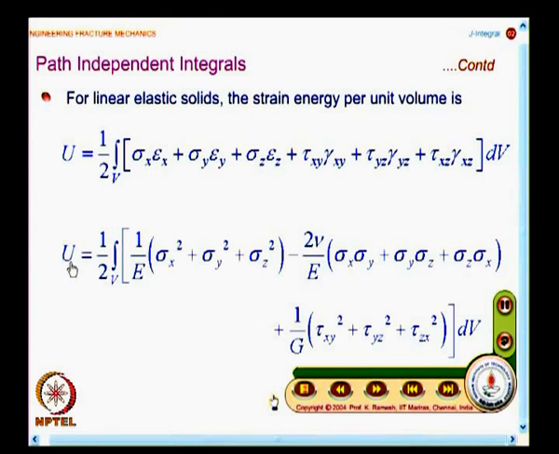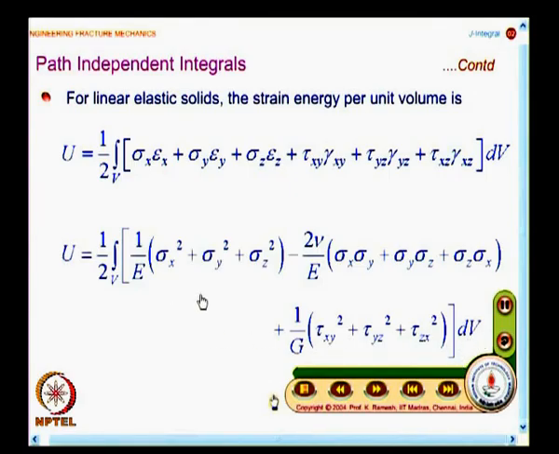Strain energy in terms of stress components is as follows: U equal to 1 by 2 integral over the volume 1 by E into sigma x squared plus sigma y squared plus sigma z squared minus 2 nu divided by Young's modulus multiplied by sigma x sigma y plus sigma y sigma z plus sigma z sigma x plus 1 by G multiplied by tau x y squared plus tau y z squared plus tau z x squared, whole multiplied by the dV.